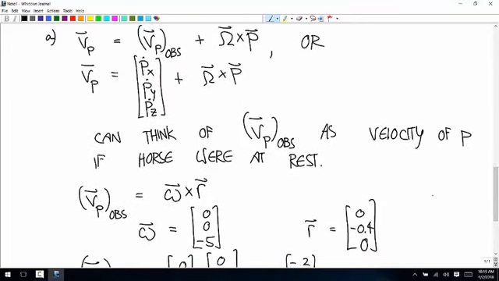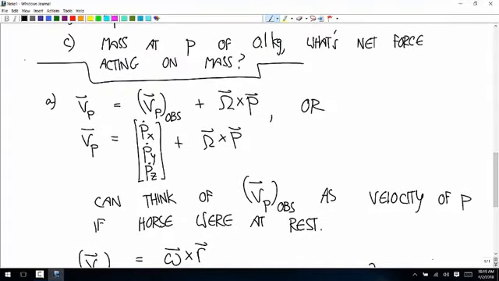So now we have this first term. Now we have to come up with the angular velocity of our coordinate system and the position vector.